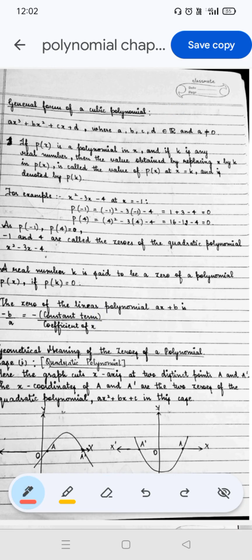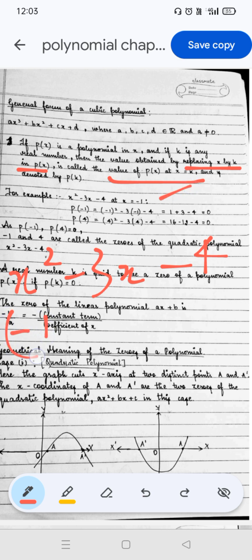The next concept is, if p of x is a polynomial in x and if k is any real number, then the value obtained by replacing x by k in p of x is called the value of p of x at x equal to k, and hence it is denoted by p of k. For example, here we have taken x square minus 3x minus 4. Let us assume that the value of x is minus 1.